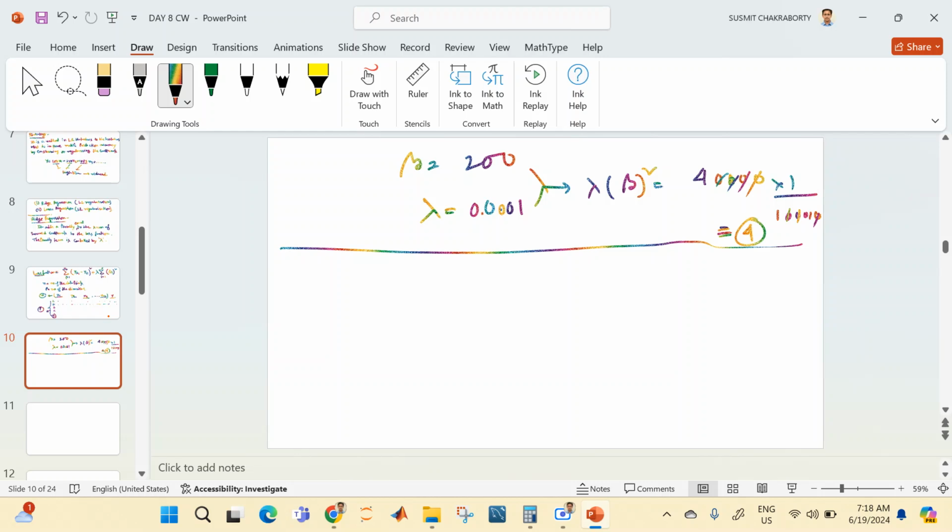But remember, lambda is a tunable parameter. That means we have to tune it as per the requirement.